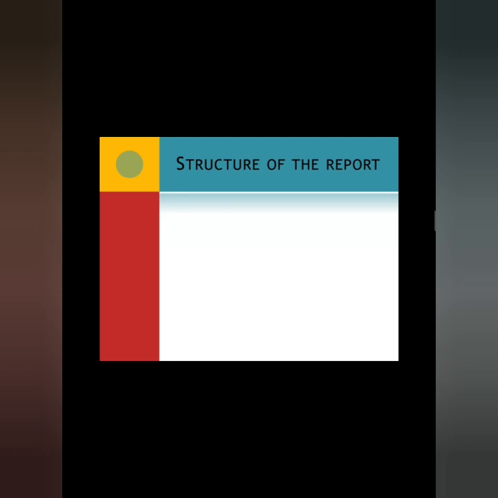And finally, Chapter 5, conclusions and recommendation. Okay, after the main section, you will have to prepare the supplementary section. So in the supplementary section, you will have the references list and also the appendices. Okay, so we are done with the structure of the report.